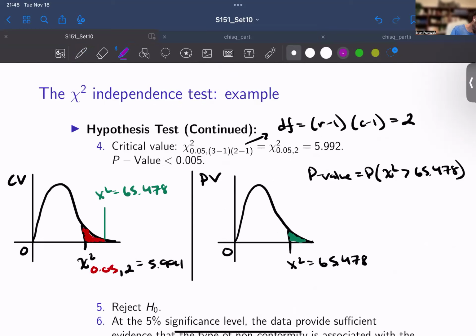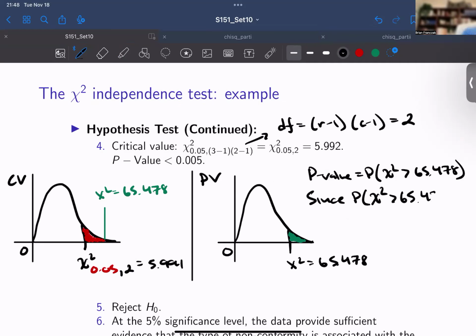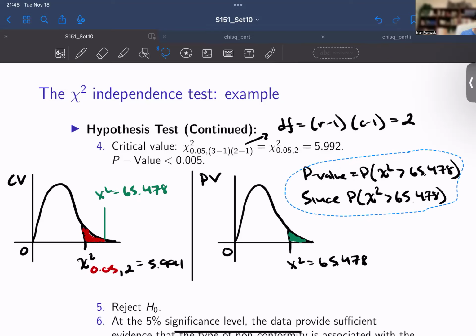So we would have, since the probability of interest is less than 0.005, then the p-value is less than 0.005, right?